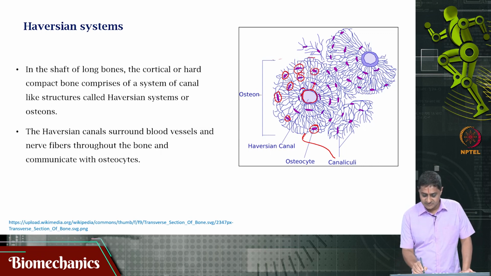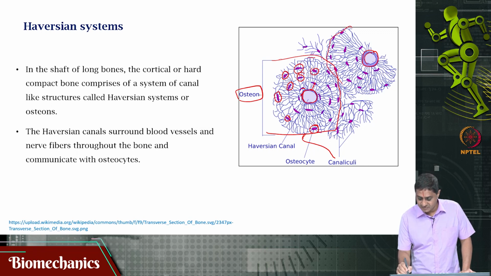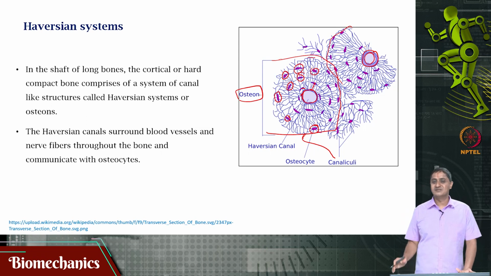This subunit is called an osteon, and then here is another osteon with its own Haversian system. There are many such Haversian systems within each compact or cortical bone.